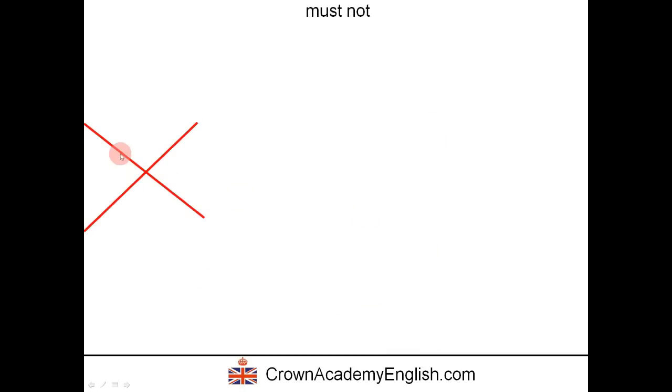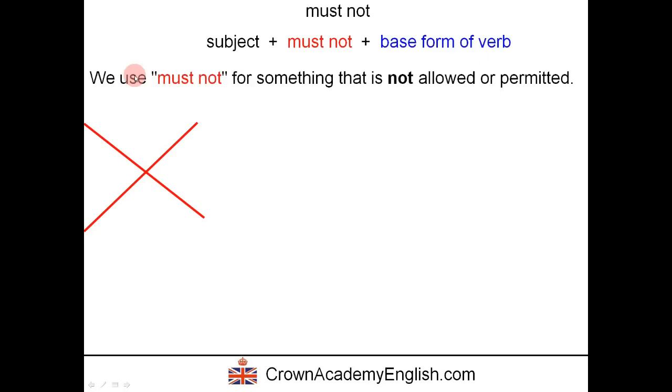Oops, sorry. Must not. The form is subject followed by must not followed by the base form of a verb. And the meaning of must not.